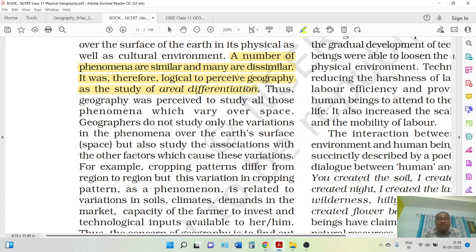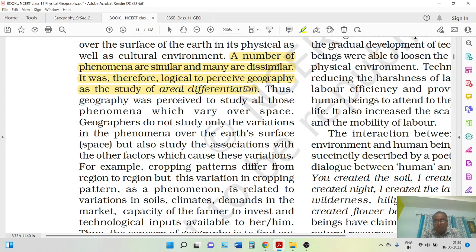So to understand the similarities and dissimilarities of various physical and cultural features. Cultural features meaning what? For example, settlements, houses, their buildings, our buildings, their roads, our roads, their dams, our dams. So there is a working similarity, but there is difference also. So this differentiation is in the area. So this concept is known as areal differentiation.